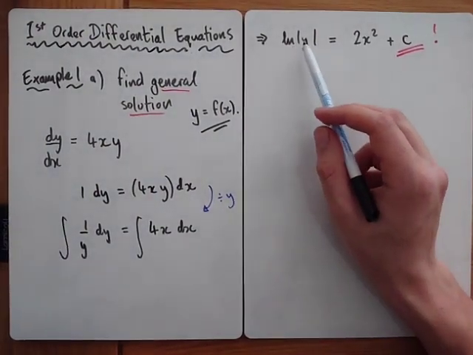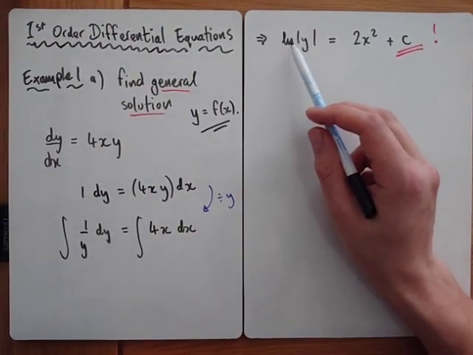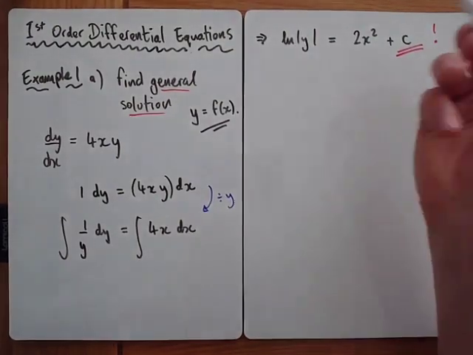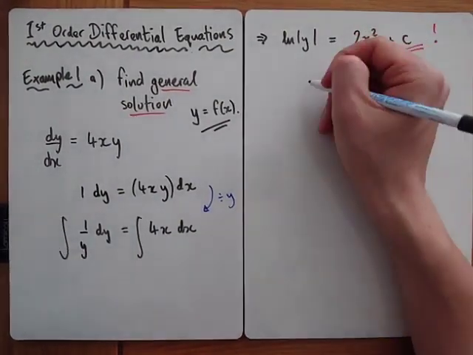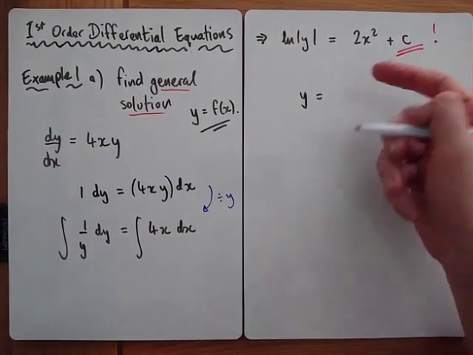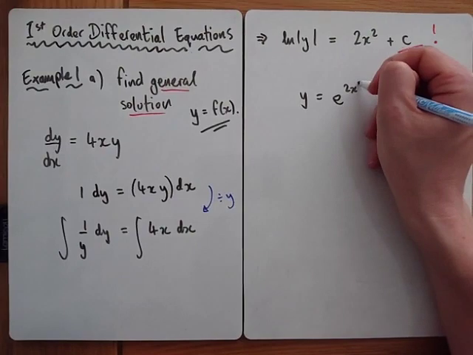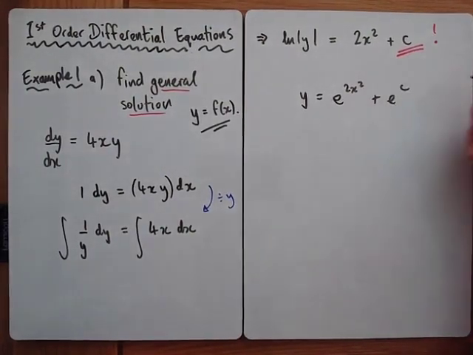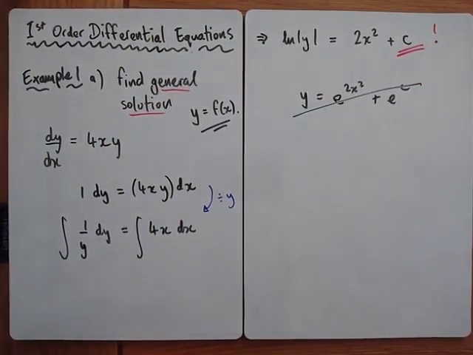You know that if you want to get y on its own, the inverse of ln is the exponential. But what a lot of people do incorrectly is they take the exponential on the left hand side, and then they take the exponential on the right hand side, and they write e to the 2x squared plus e to the c. That is complete nonsense. Like, please do not do that.